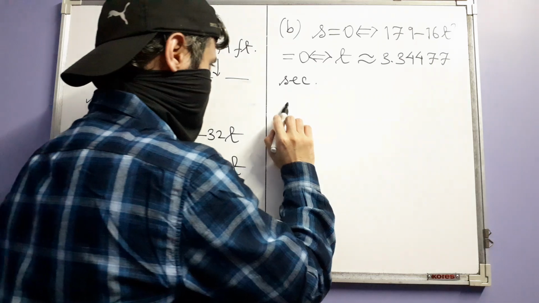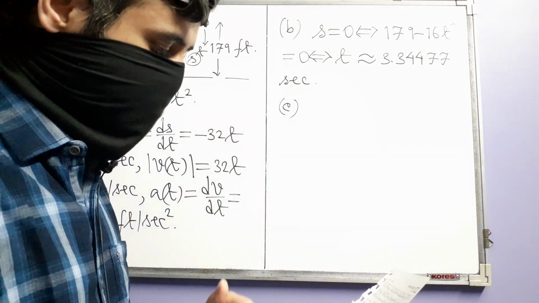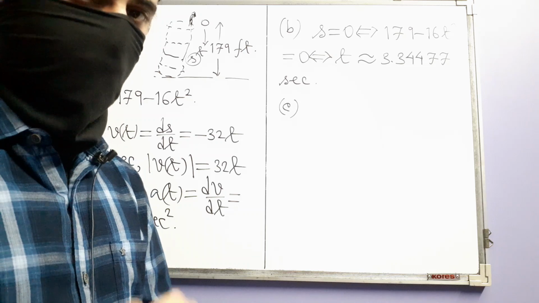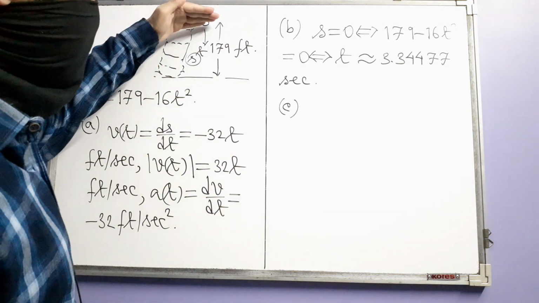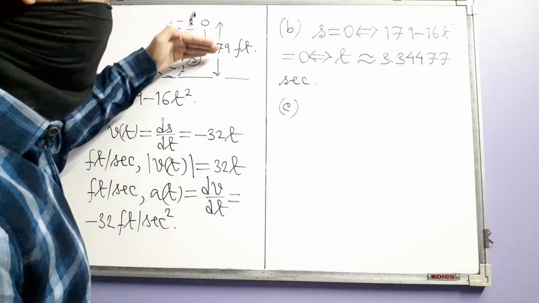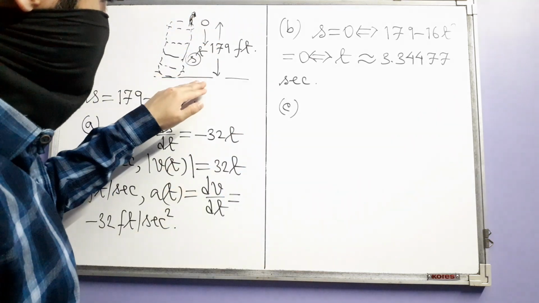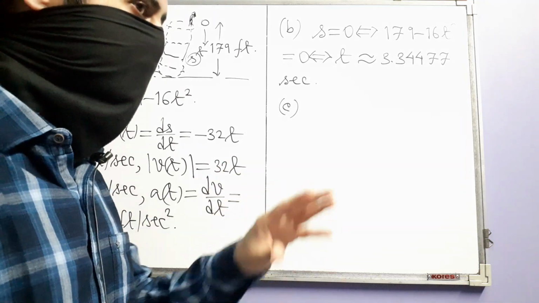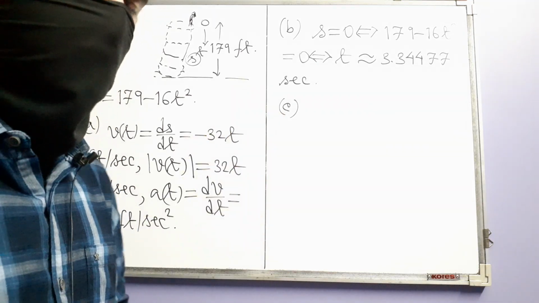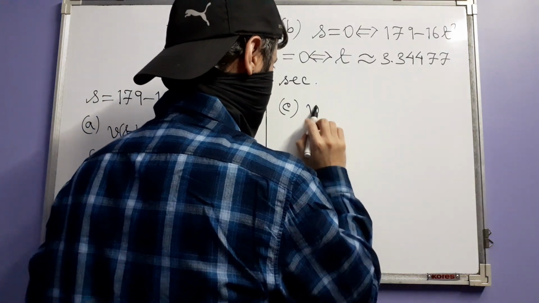And finally part C. What would have been the ball's velocity at the point of impact? You know from experience that as the ball falls, its speed increases and increases, and finally when it hits the ground, it reaches its highest speed possible in this situation. So what is that speed? That speed, of course, is this.